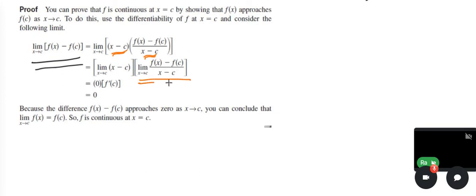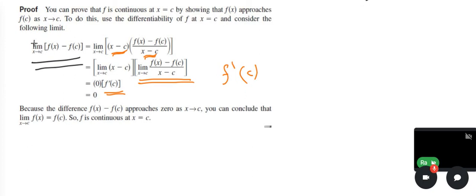This other limit is nothing but differentiability, the derivative of the function at the point c, indicated as f prime of c. Just now we understood that f(x) minus f(c) over x minus c as x approaches c is the differentiability formula. That is why we put f prime of c. And in this one, if x approaches c, you can plug in: c minus c is 0, so this gets us 0.